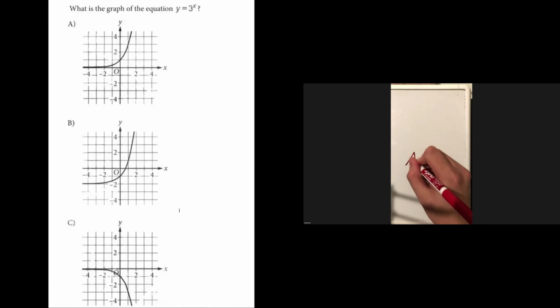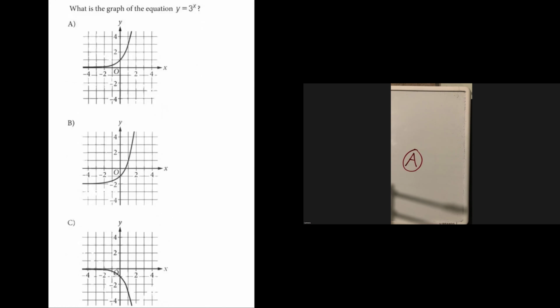Simplest way to do this is to just plug in values for x and see if they match with one of the graphs. So if we plug in x equals 0, we get 3 to the 0th power, which is just 1. So at x equals 0, y is equal to 1. So for A, it works. For B, it doesn't work. For C, it doesn't work. And for D, it doesn't work. So the correct answer here would be A.